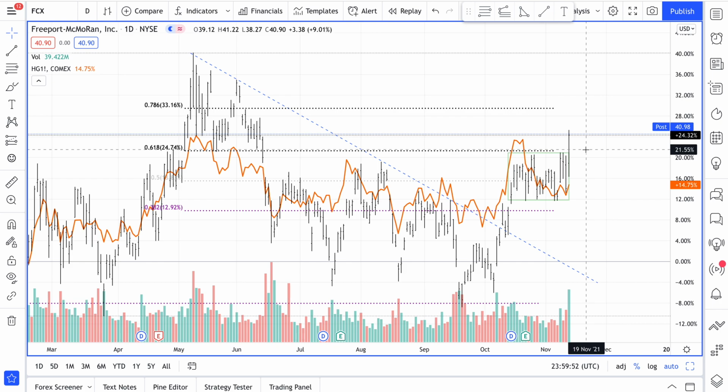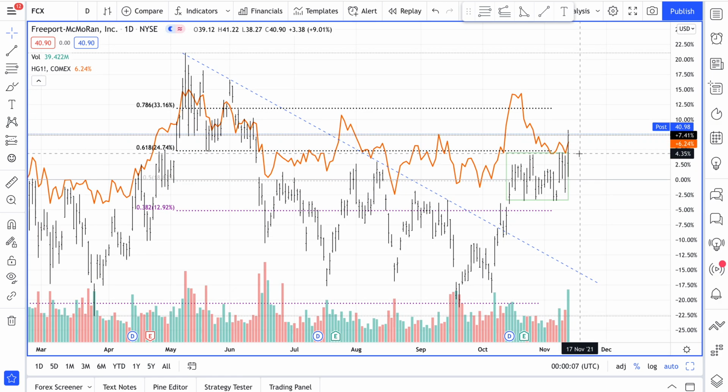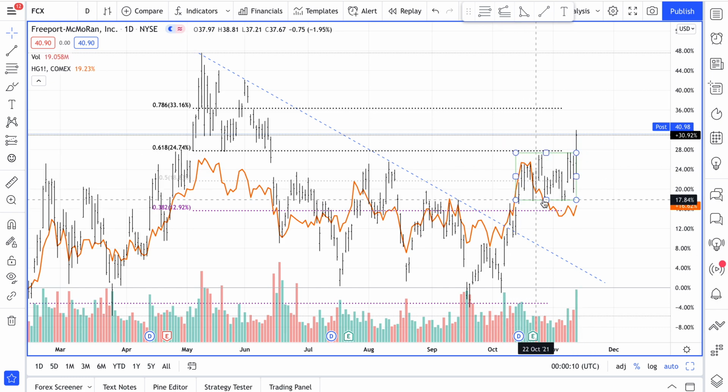So these are the two stocks in the commodity space we are watching, and the levels we have mentioned for Rio, and especially for Freeport-McMoRan, the way it broke out of this trading range and took out this 61.8% Fibonacci resistance level, is constructive price action, and there's a good chance that the stock is going to move higher in price.